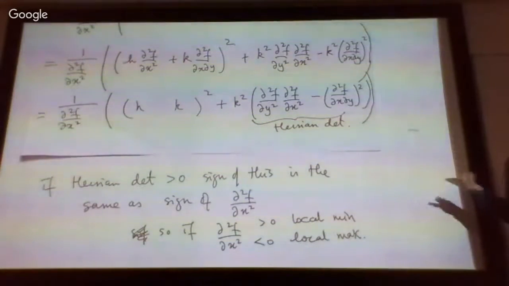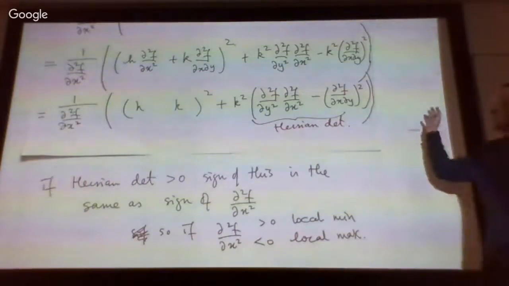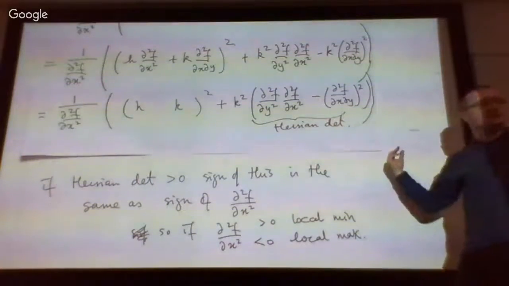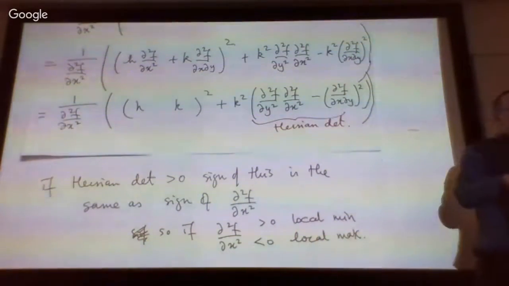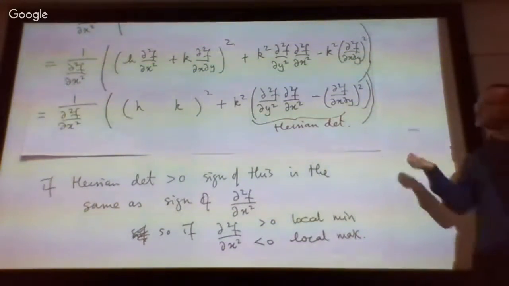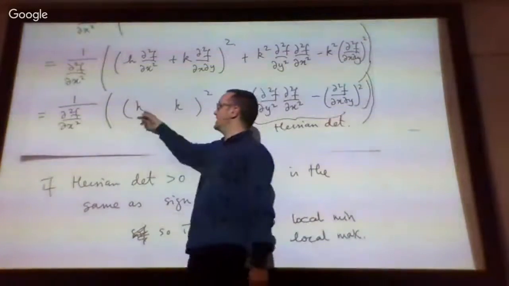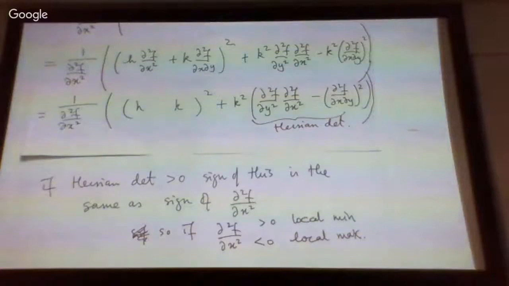If the Hessian determinant is negative, then what we see is a whole mixture of positive stuff and negative stuff, added together, multiplied together. So it's up in the air. Maybe it's positive, maybe it's negative. What particular sign it has will come down to the choice of h and k, what signs h and k have and how big they are in relation to one another.